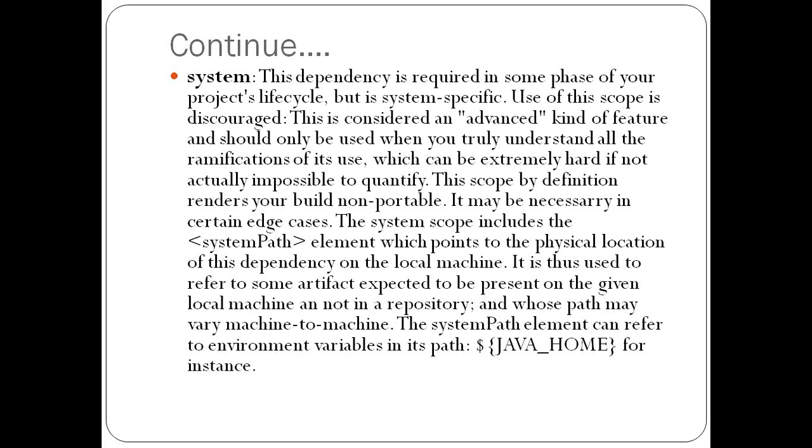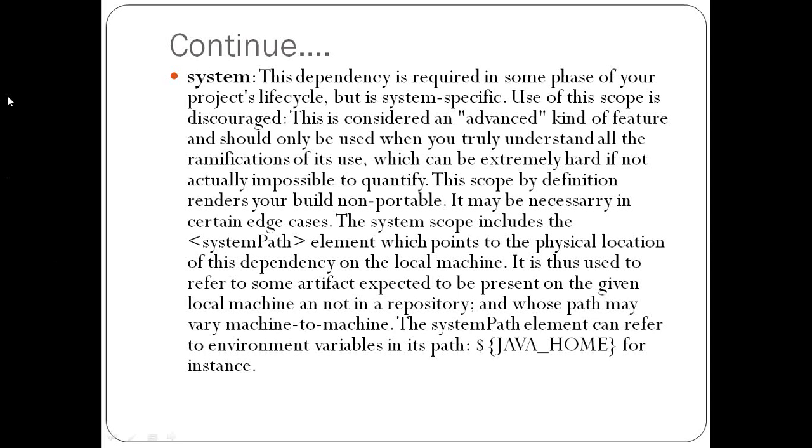If we use this scope, we need one mandatory element, systemPath, where we specify where the jar file is located. Okay, these are the scopes available in Maven: compile, test, provided, runtime, and system.